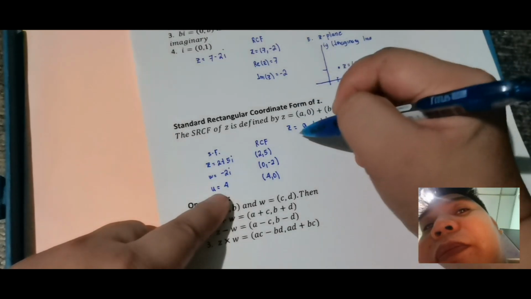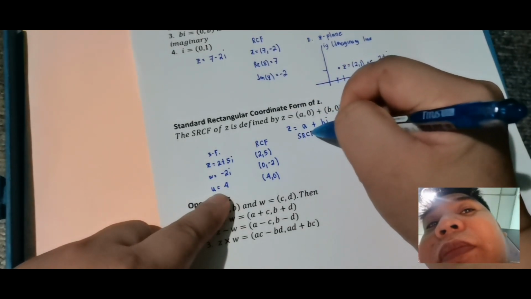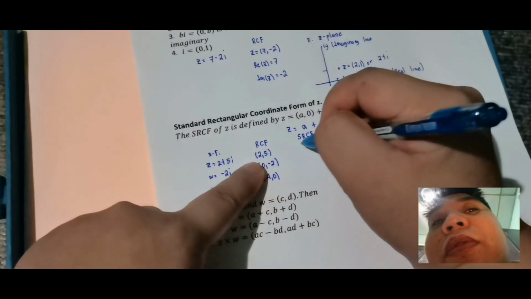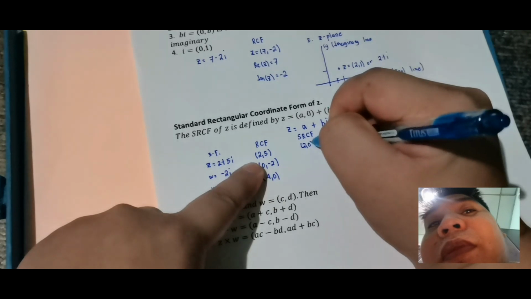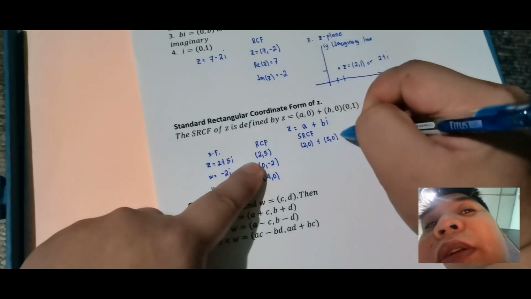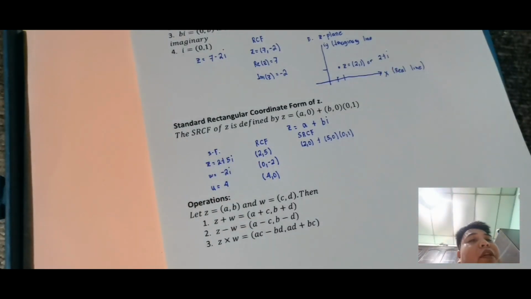Okay, so sa SRCF, ano yung tsura niyan? That is 2, 5. So mag-i-start ka lang sa 2. That is 2, 0. Okay, then plus 5, 0 times 0, 1. Okay, yan yung SRCF niya.